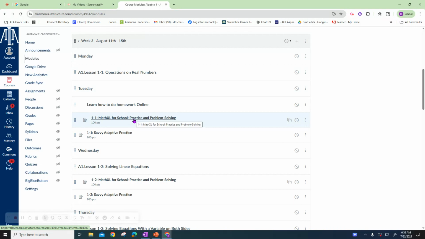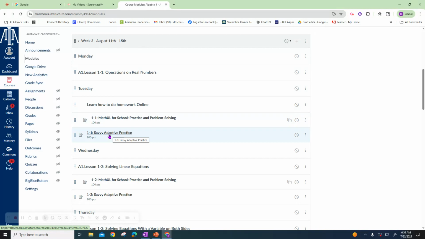If you have accommodations that say you're not supposed to do as many problems as the other kids, that you do fewer problems, and you'll know who you are because we've had meetings, you're going to ignore this one and always do the Savvy Adapt practice. They're similar problems, they just don't have as many.